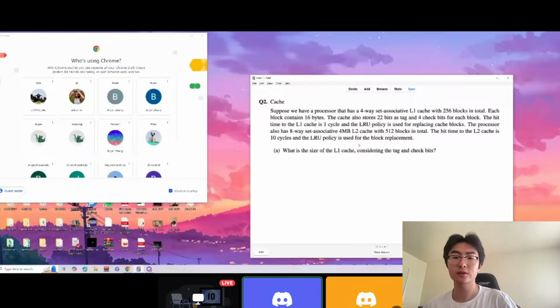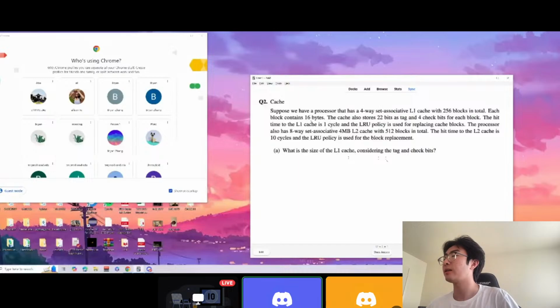Okay, so this first question is asking us, what is the size of the L1 cache considering the tag and check bits? Okay, so I think some important information here. We're given the 256 blocks in total. So the L1 cache can store 256 blocks, and then each block contains 16 bytes.